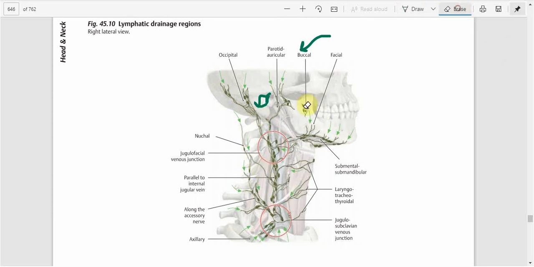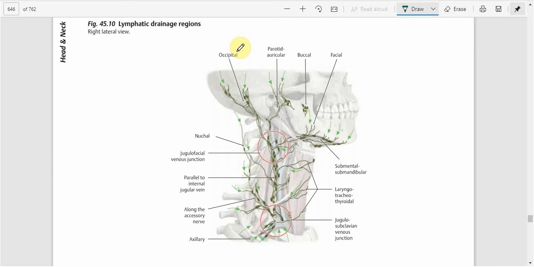Now the occipital nodes. They are draining the occipital region of the scalp. So obviously the scalp and the occipital region, and the efferents pass to the supraclavicular members of the postero-inferior group of deep cervical nodes.